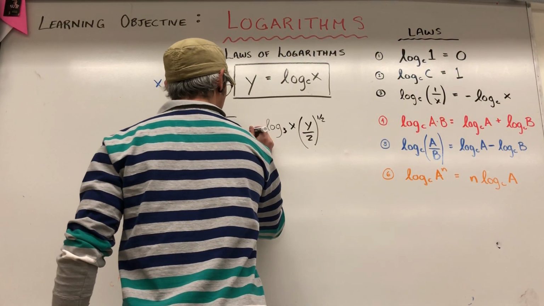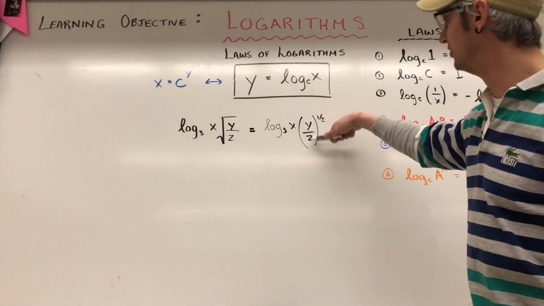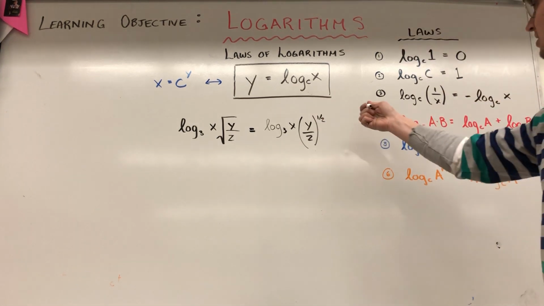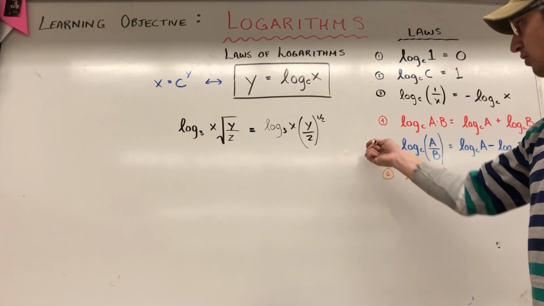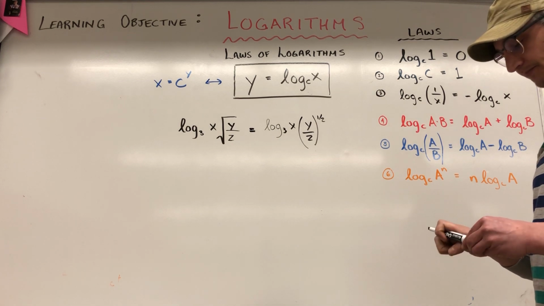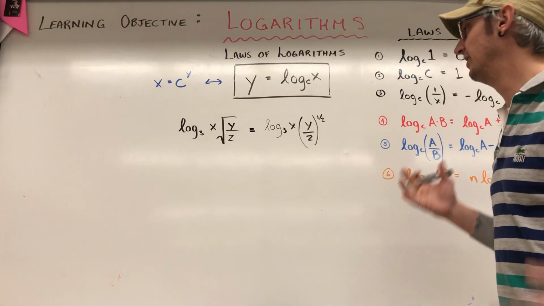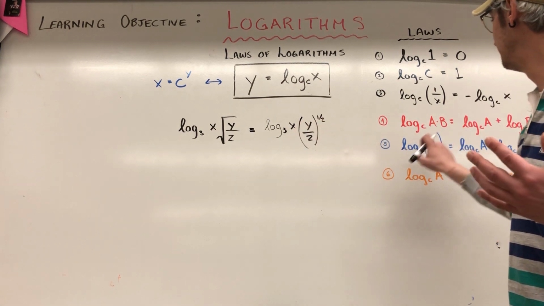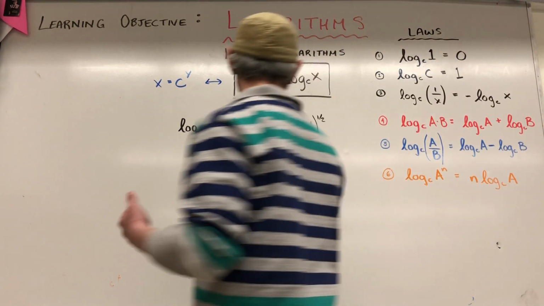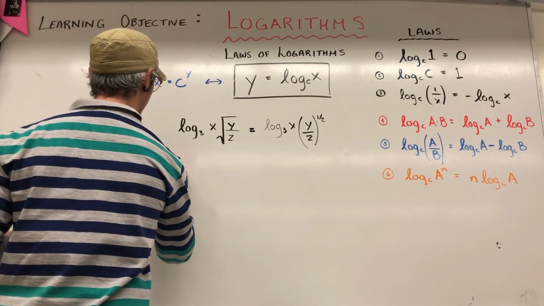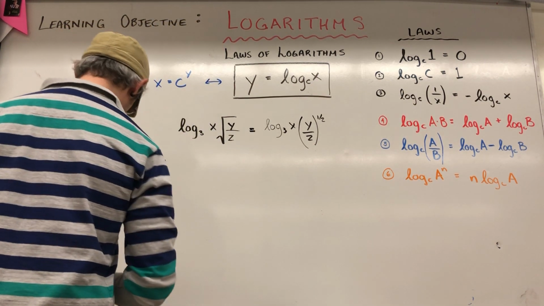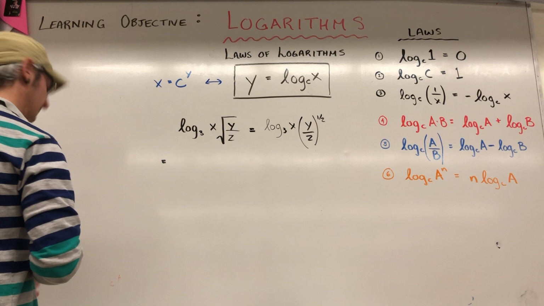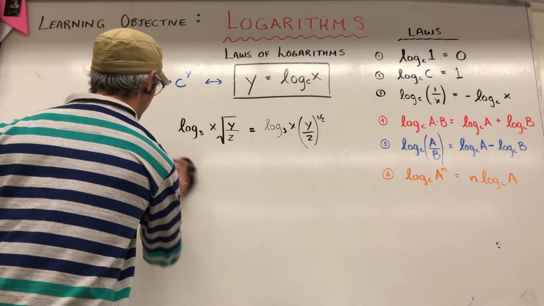Now, I am multiplying, but I'm also dividing, so I'm probably going to be using my product law and my quotient law here. I have x times this thing, so I'm going to separate that using my product law. I'm going to start here because I need space, and I'm going to do it in red.